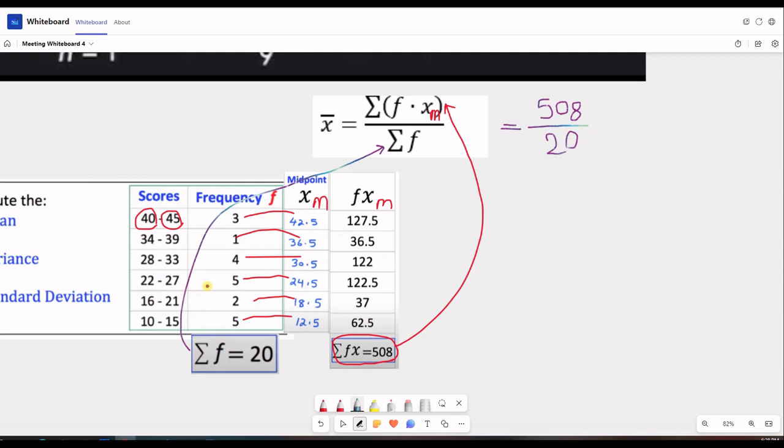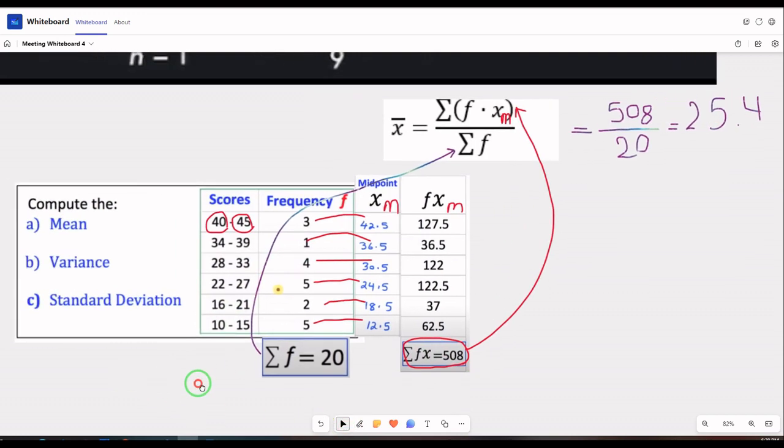And if you put it in your calculator, it will come up to 25.4. So the mean is calculated, right? But we're not done yet. The mean, which is 25.4, is calculated.